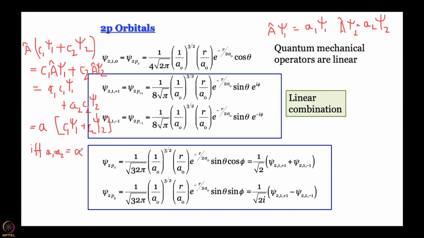Interestingly, the pz orbital arises automatically because there the m value is 0, e to the power i phi is equal to 1, that is why you do not even have a phi part showing up here. So, when m equal to 0, the orbital is already a real wave function, you do not have to do anything.